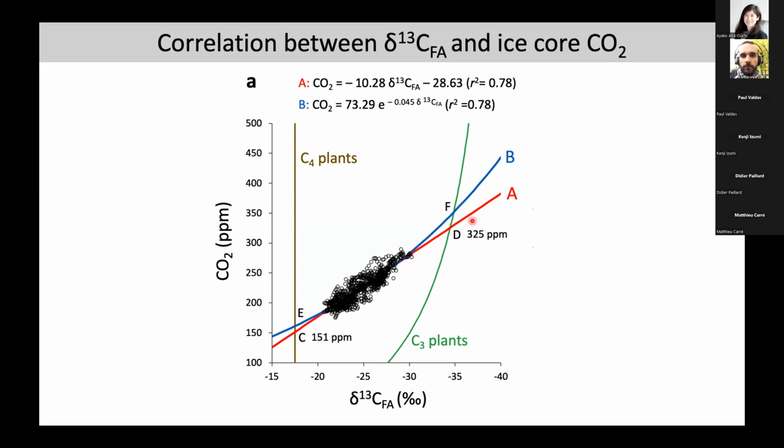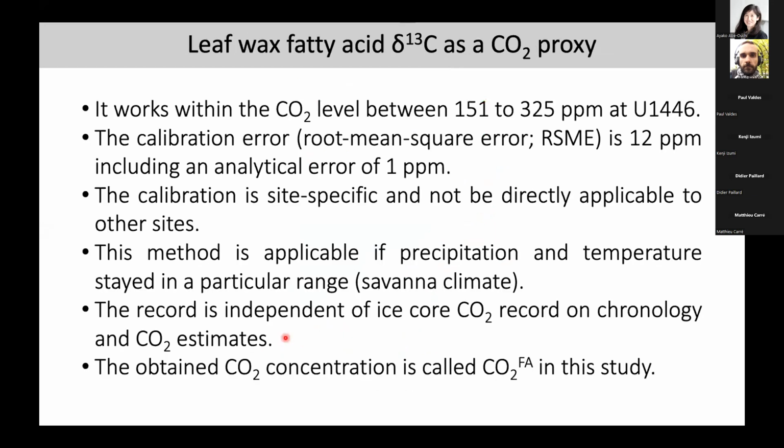So according to this calibration, the upper limit is 325 parts per million, and the lower limit is 151 parts per million. So this proxy works within the CO2 level between 151 and 325 parts per million.